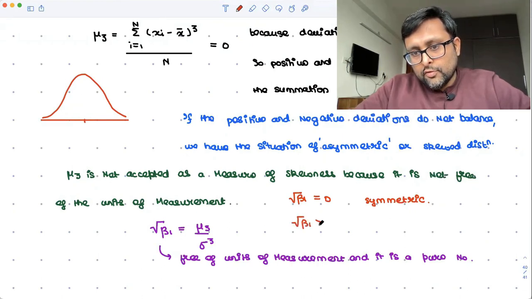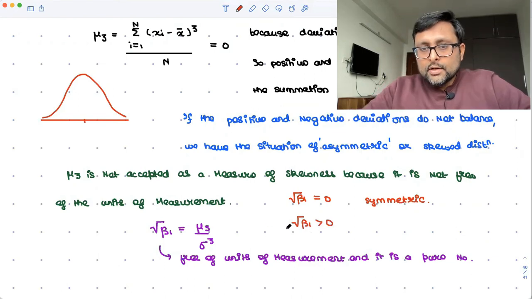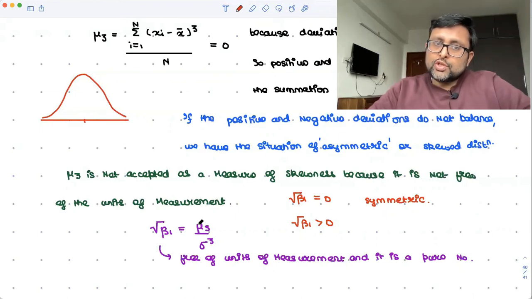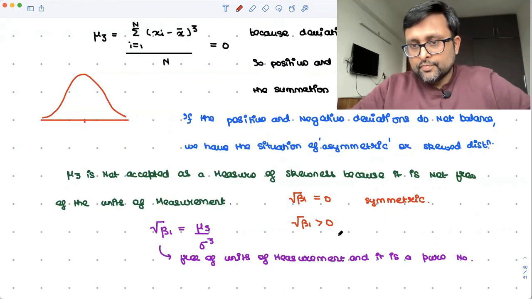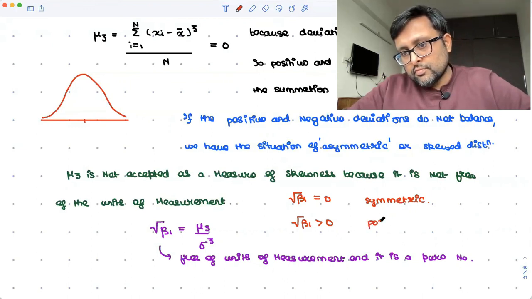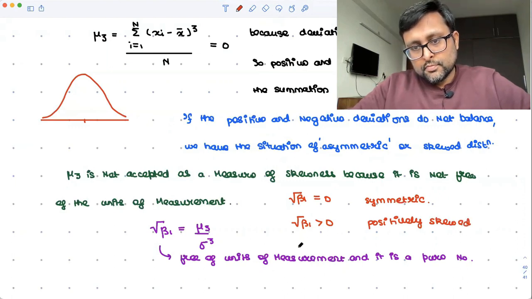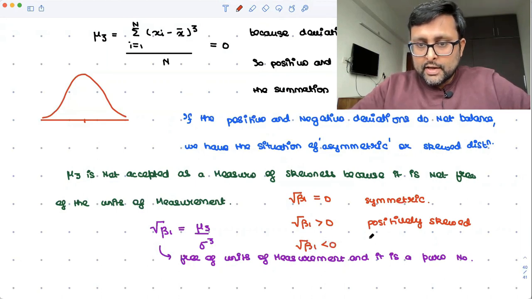If root of beta 1 is greater than 0, when is that? When mu3 is greater than 0, right? So when mu3 is greater than 0, then the distribution is going to be positively skewed. And when is root of beta 1 going to be less than 0?